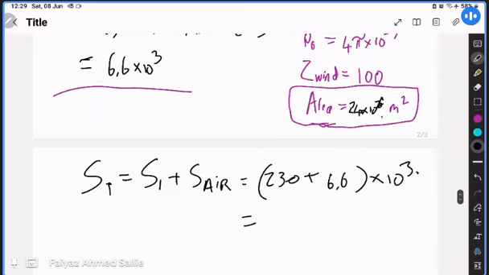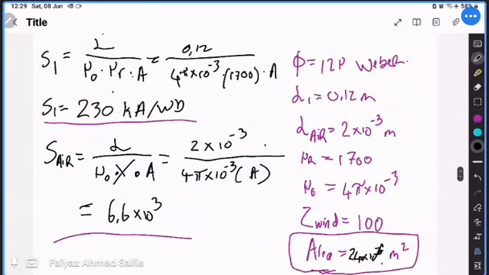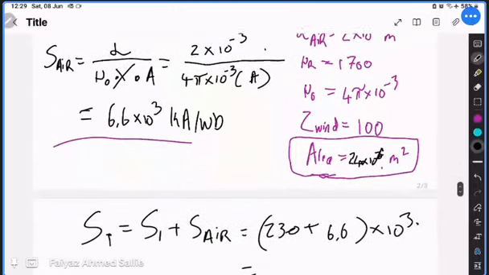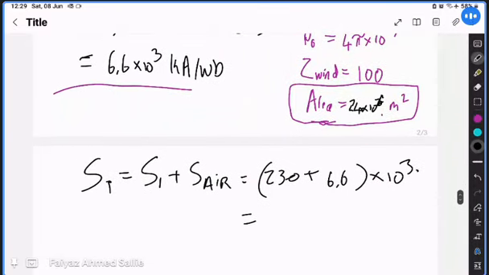So we're going to add, okay, let's add these two together.